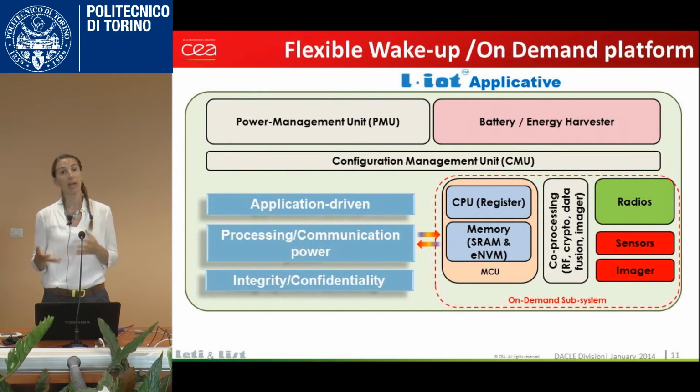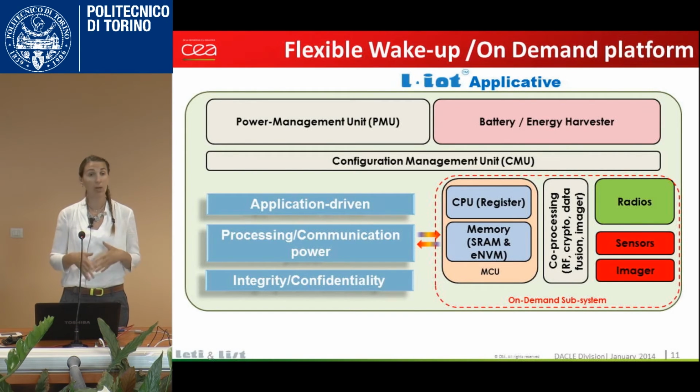Then, once we have a lot of energy and once a specific application is required, we go to the on-demand platform. This platform is woken up according to the application and according to the energy. This is fully application-driven. It means that all the coprocessors and the processor that we have in this part are dedicated to a specific application.